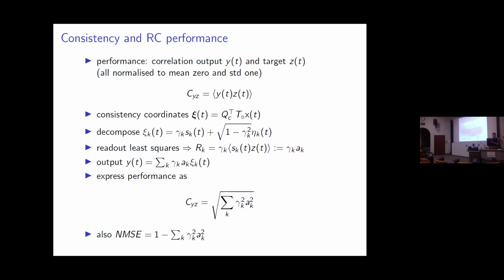But if we now move to reservoir computing and have a target, and we implement the regression and measure the correlation between the target and the actual output of the reservoir, for instance in terms of a correlation coefficient, we are able to express this correlation in terms of the consistency coefficients that we previously calculated. We need to go into the characteristic coordinate system for that.